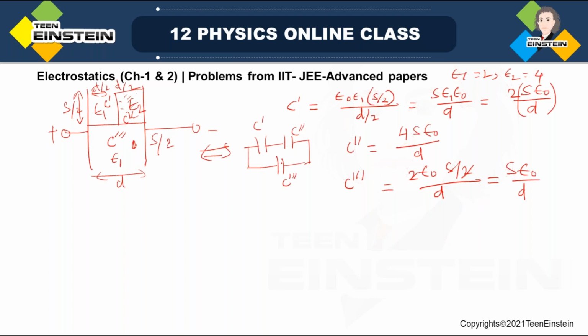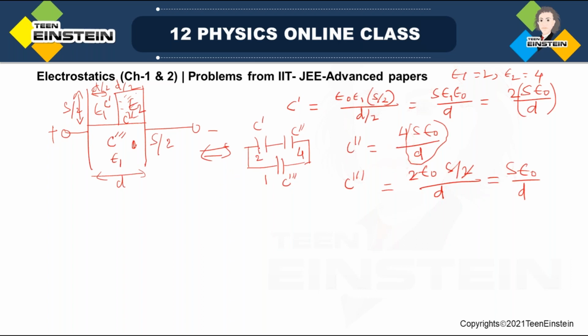Okay, now look, I have got all these three. So this part is common for all of them. So this is actually 2 units of that, this is 4 units of that, and this is 1 unit of that.